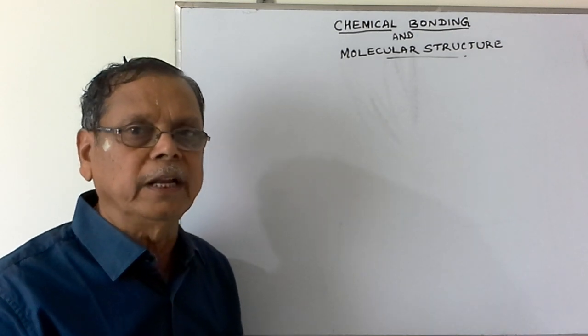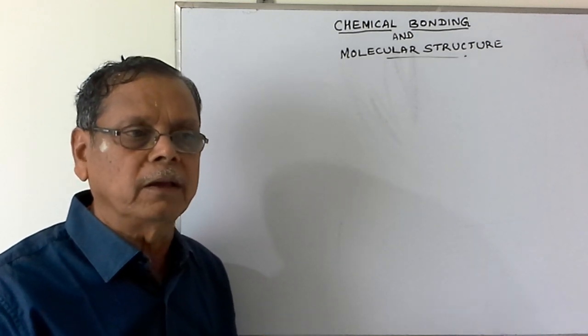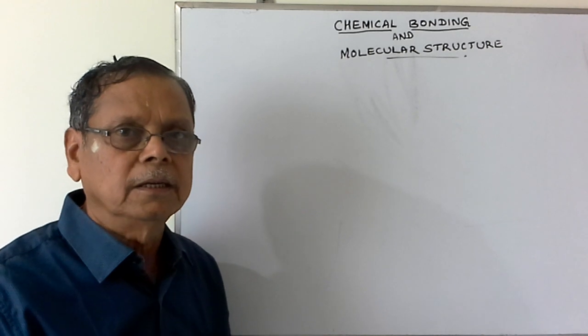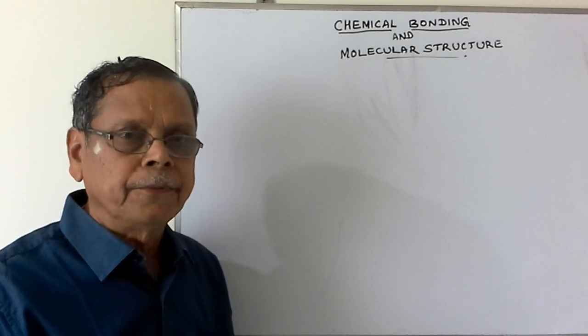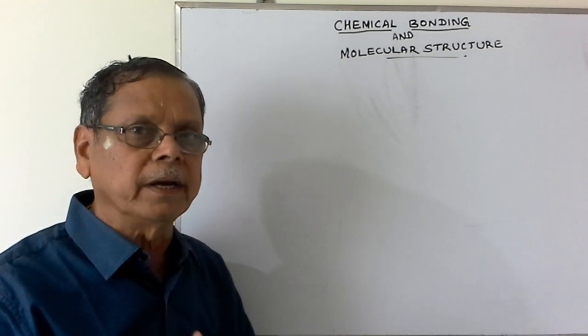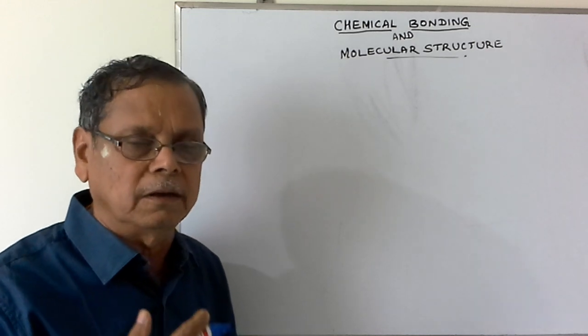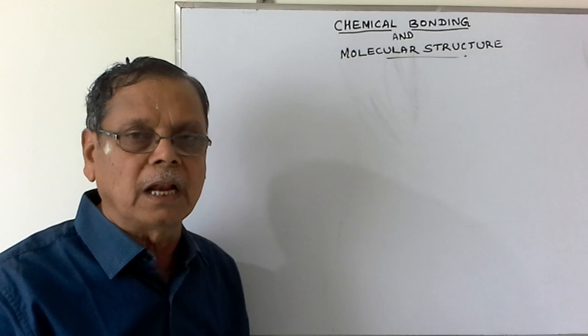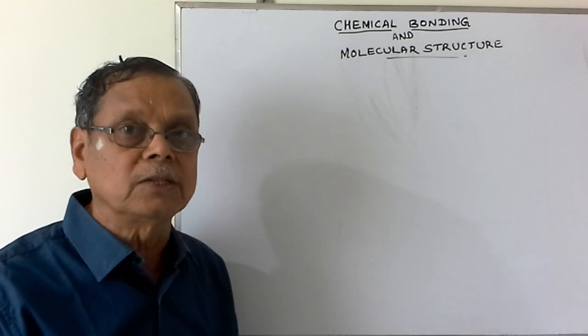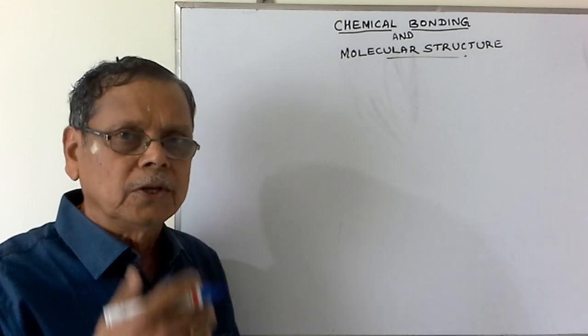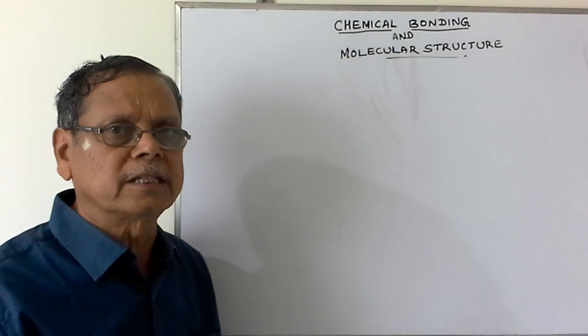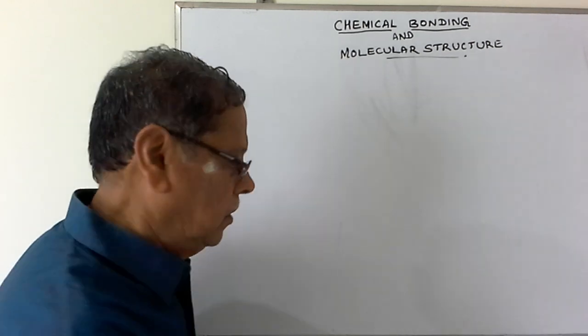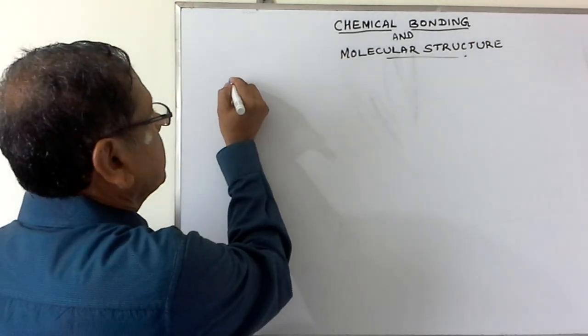To explain finally how a stable molecule is formed, we will consider the molecular orbital theory. And to explain all these, we come across some more types of theories, like the valence shell electron pair repulsion theory, that is VSEPR theory.